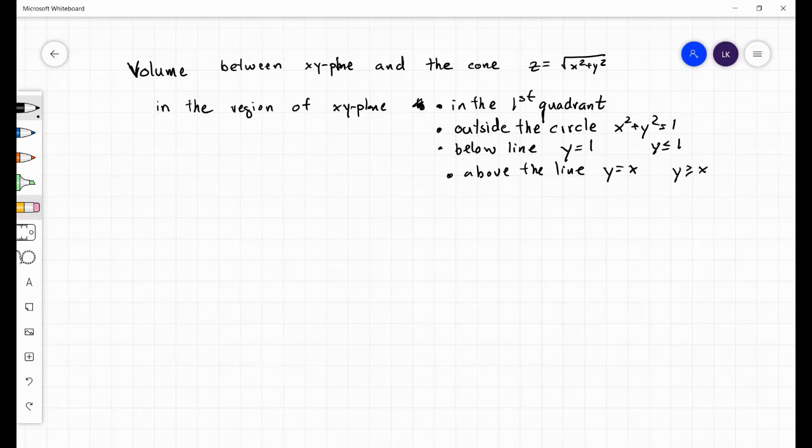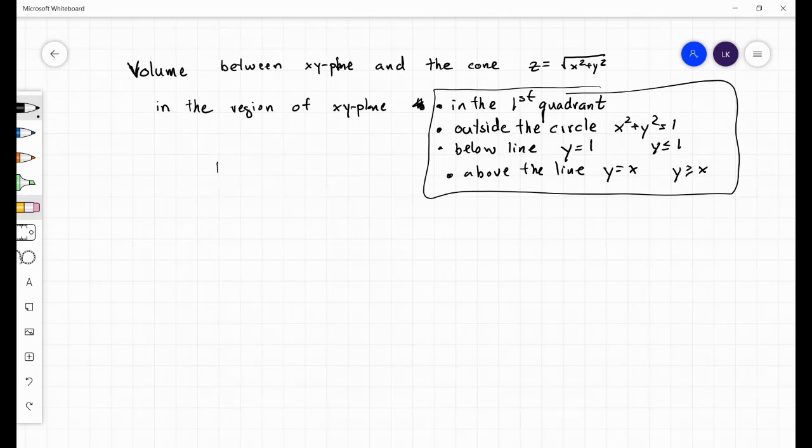Okay. All right, so where do we start? What do we want to do first? Yeah, I would draw the region so we're clear. So let's describe this region in the xy plane, or draw it, or sketch it.